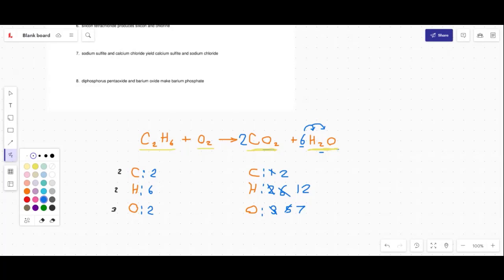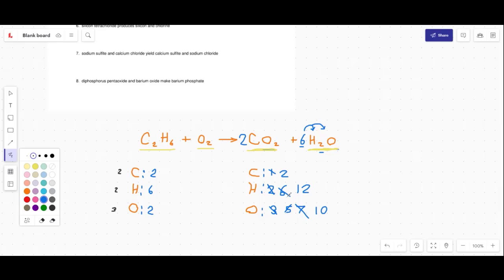I have 4 from the CO2, and I have 6 from the water, so now I have 10. 4 plus 6 is 10. So this is now 10 oxygen.